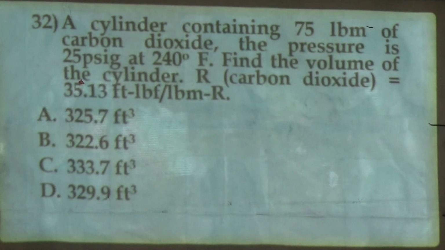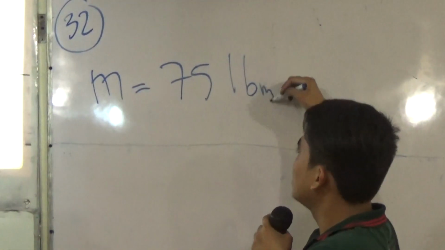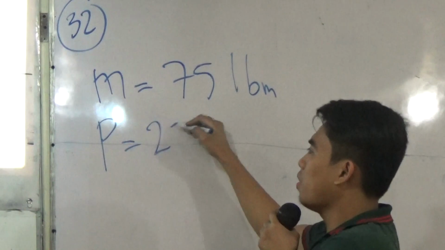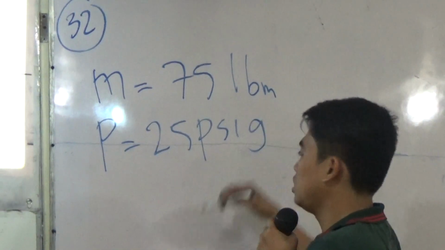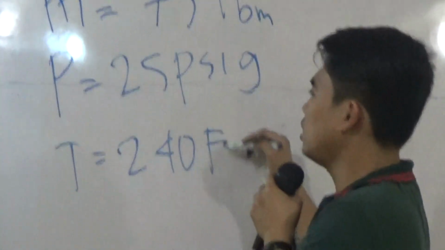A cylinder containing, so madali itong item na to, cylinder containing 75 pound mass of carbon dioxide, pressure 25 psi gauge, temperature 240 Fahrenheit.